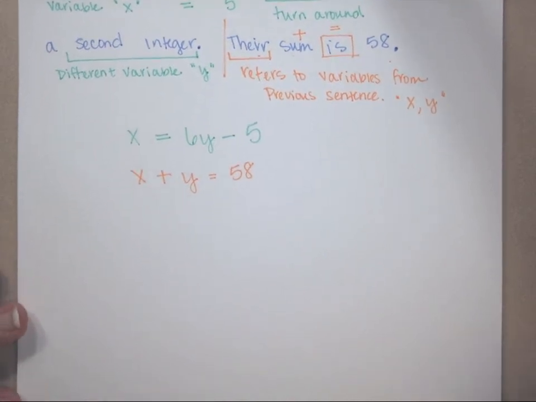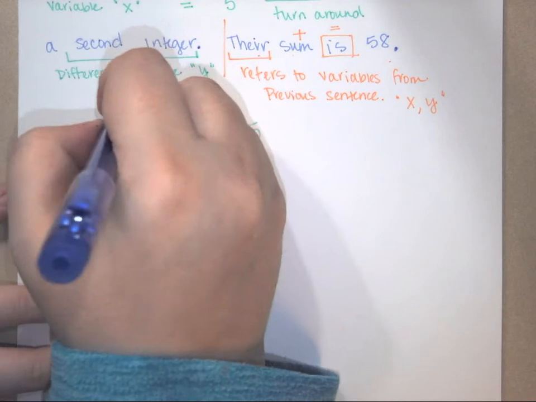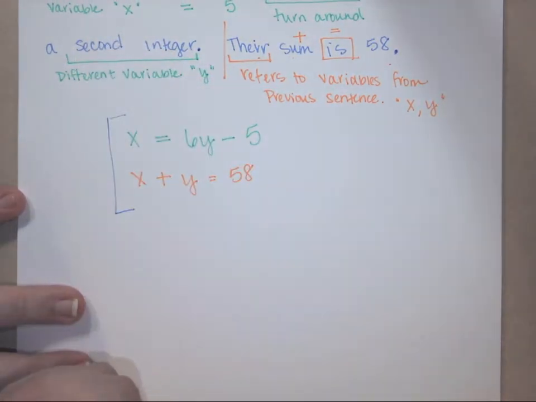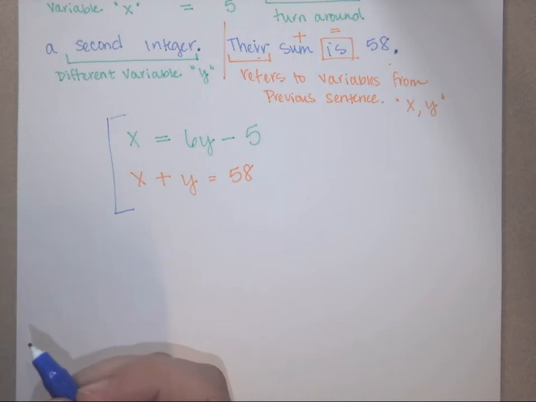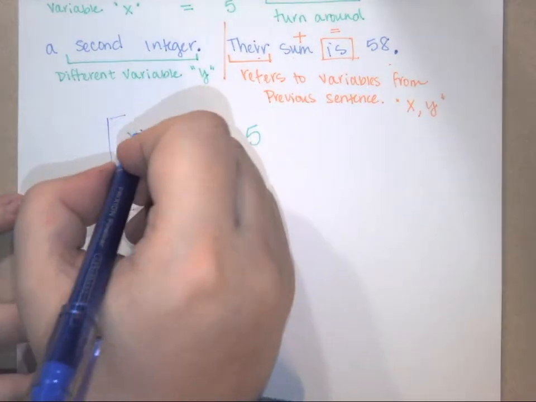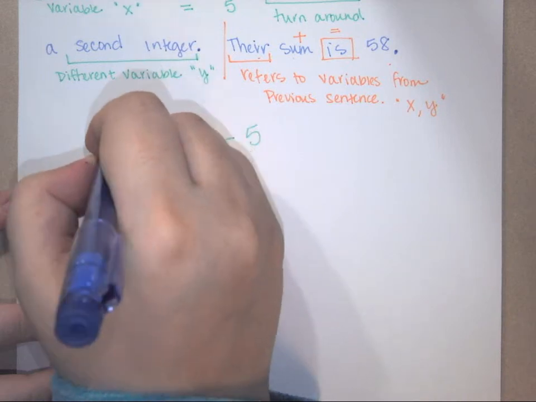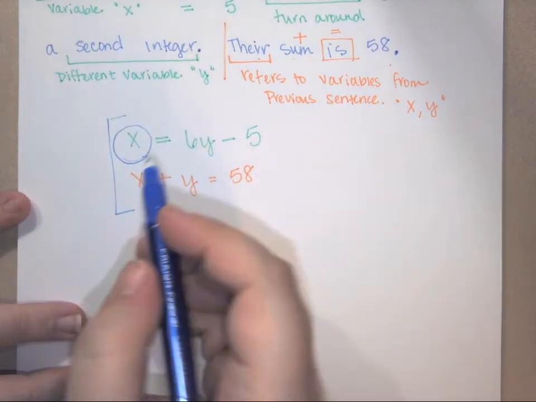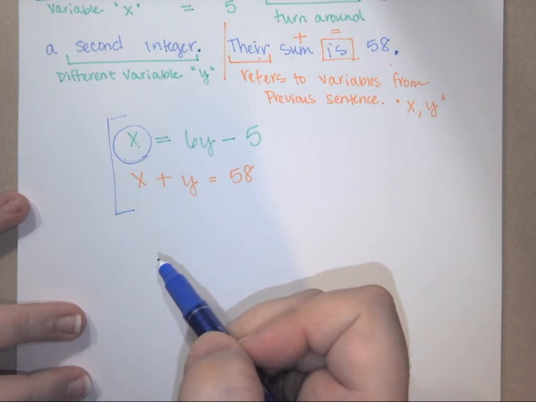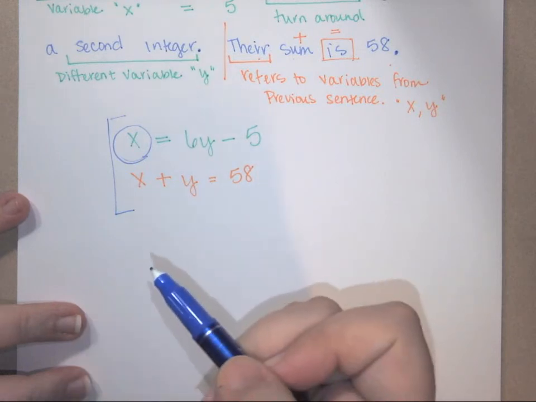So what I have to do is use these two equations together to solve for my variables. The first thing I'm going to pay attention to is that I know what x equals. X is equal to 6y minus 5. So I can plug that in.